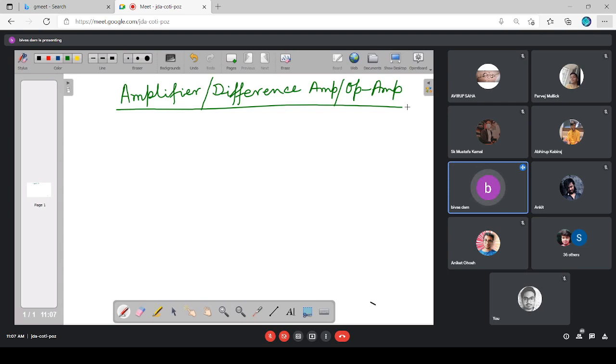Now let us consider only the voltage amplifier. That means in our case, the input will be voltage, the output will also be voltage. Say for example like this.